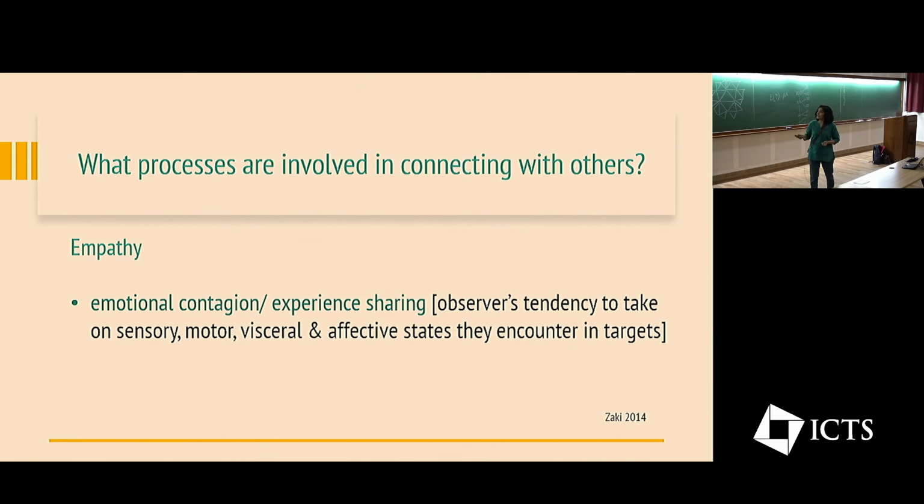One is emotional contagion, or experience sharing, which is an observer's tendency to take on sensory, motor, visceral, and affective states they encounter in targets, where targets just means another social person. So as soon as you see someone in a state, you tend to take on their feelings or physiological responses.